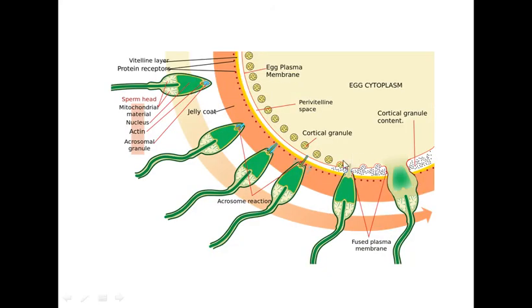Now when the zonal reaction has taken place, what happens? Inside the ova, cortical granules start forming. These are the cortical granules.